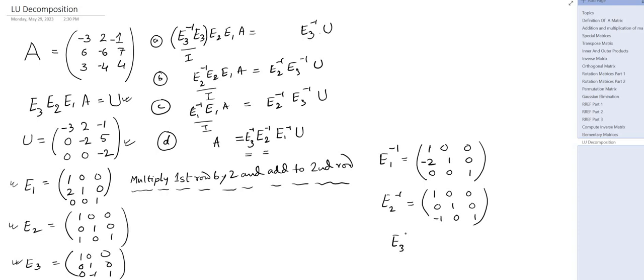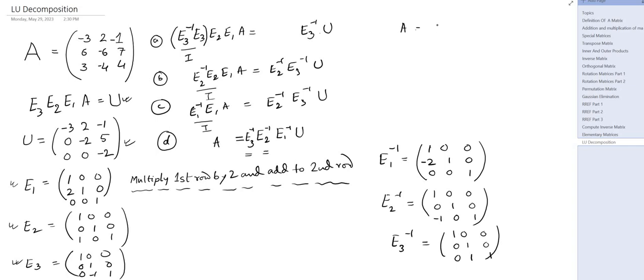And E3 inverse will be 1 0 0, 0 1 0, 0 1 1. Clear up to this? Now we know what the elementary matrices are and the corresponding inverses.